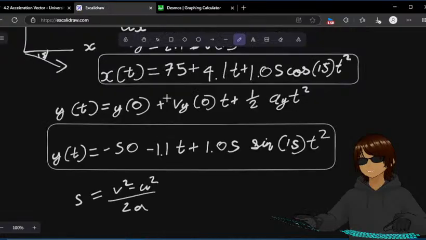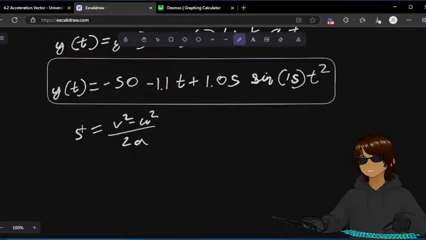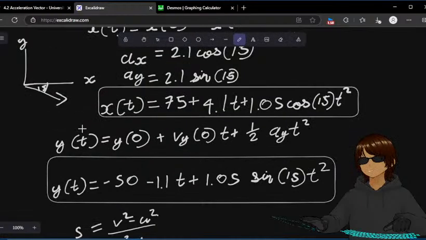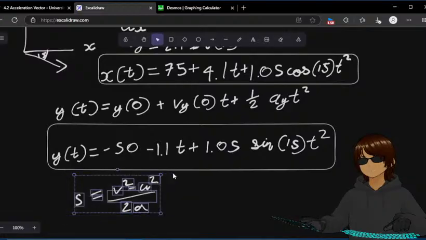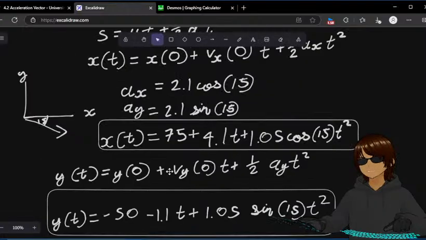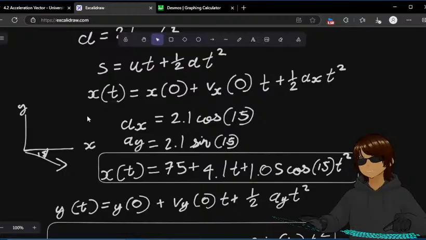S is the change in position, but this is not what we are looking for. This is the wrong equation. I want the velocity, the final and initial velocity, time and acceleration.